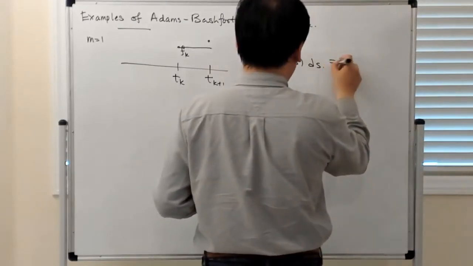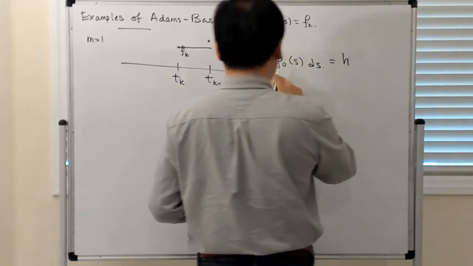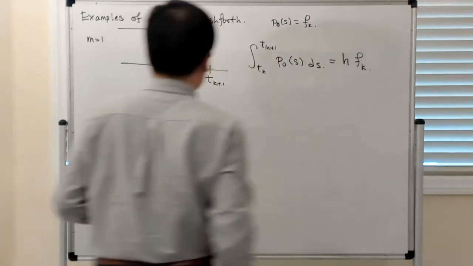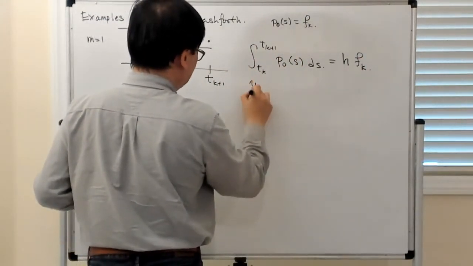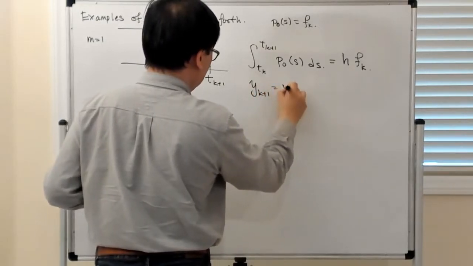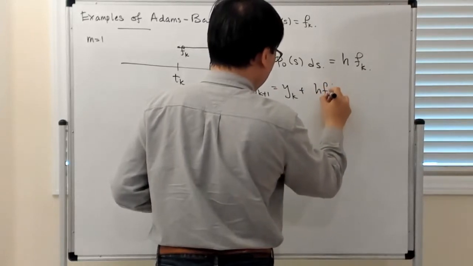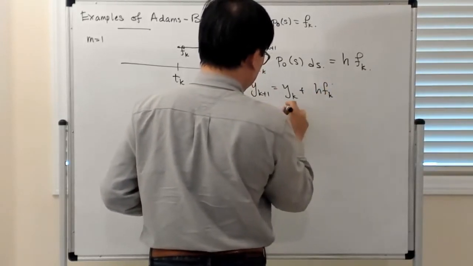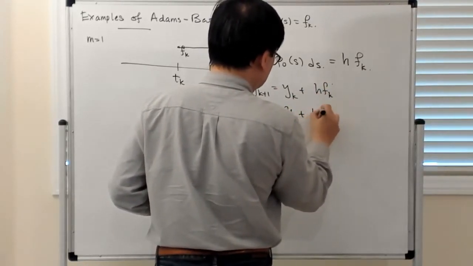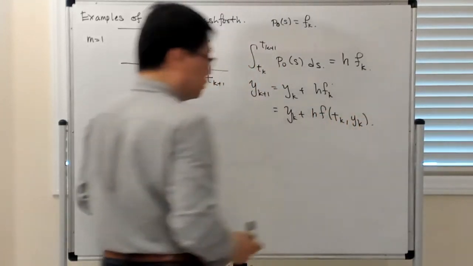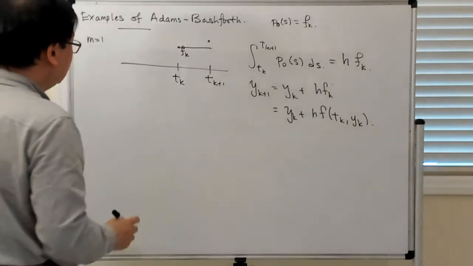So this is just going to be equal to h, which is the difference between tk and tk plus 1, times f at k. So you end up getting a method which says yk plus 1 is equal to yk plus h of f at k, and h of f of k is just f at tk yk. So this, of course, is nothing more than the usual Euler method.